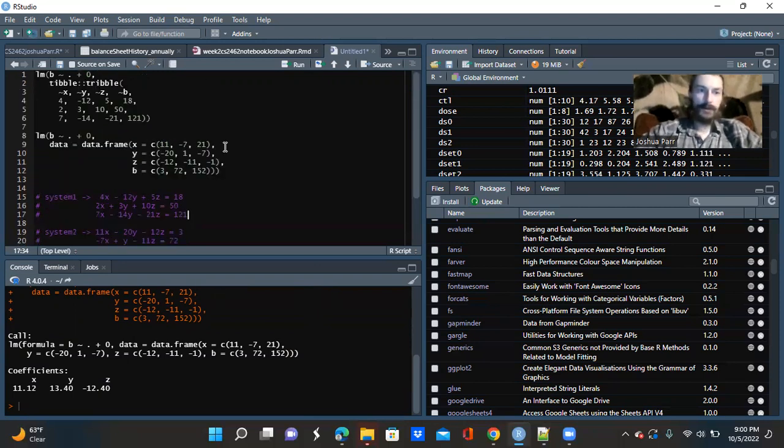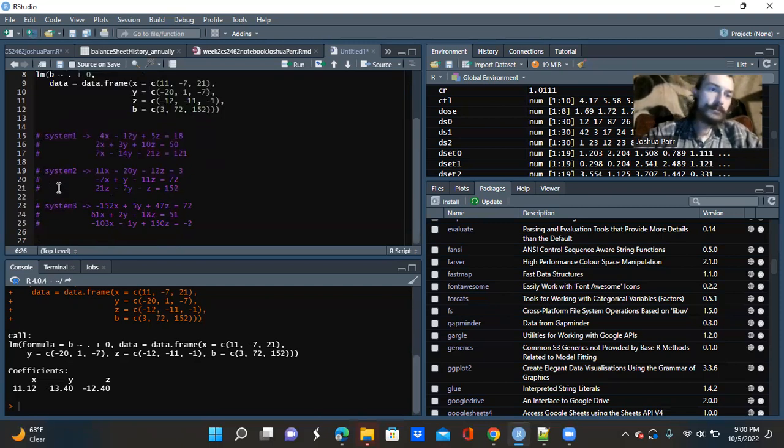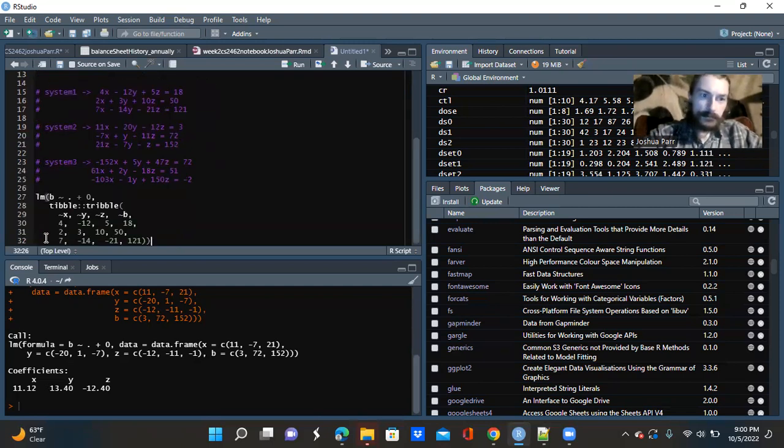So now what I'm going to do is write in the third one. I'm going to do my x row: negative 152, 61, and negative 103.